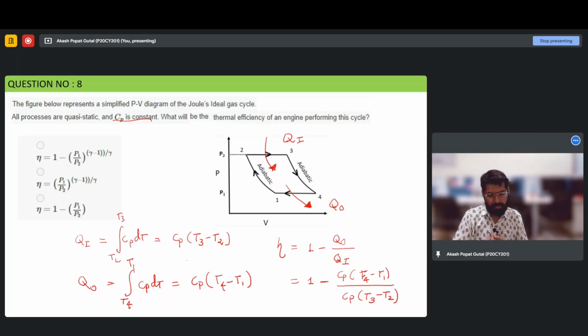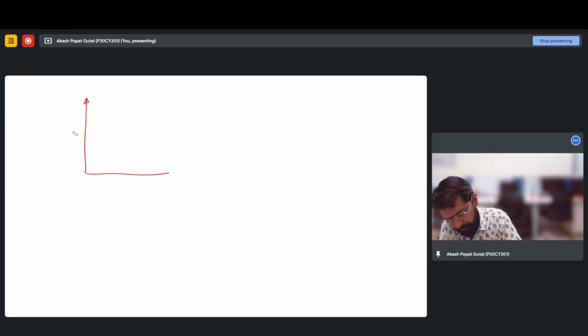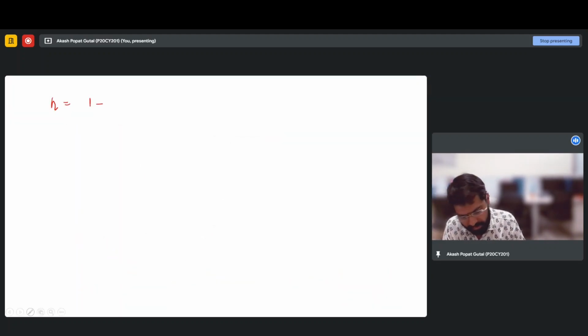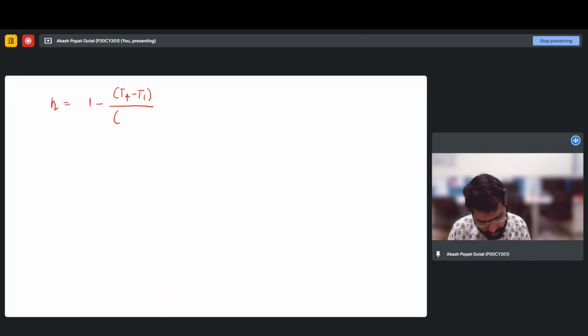We can cancel this Cp because Cp is a constant given in the problem. So the efficiency will turn out to be 1 minus (T4 minus T1) divided by (T3 minus T2).